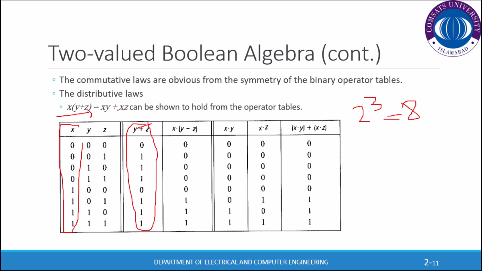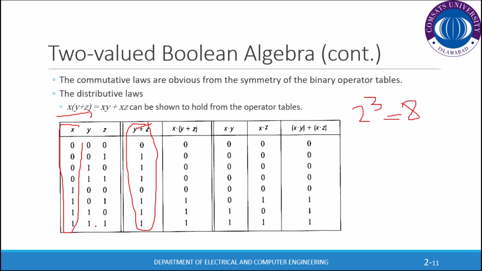Now this is equivalent to xy plus xz. So first we'll calculate x dot y. X dot y is applying the dot operator on x and y. And as I mentioned before, if both of them are 1, then our output will be 1.